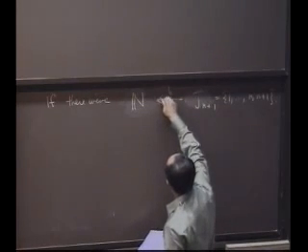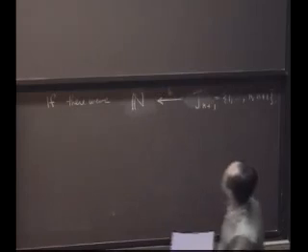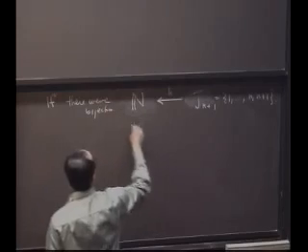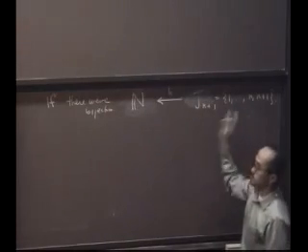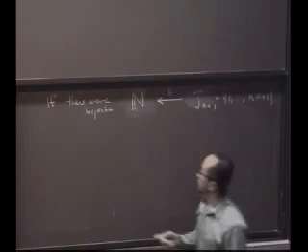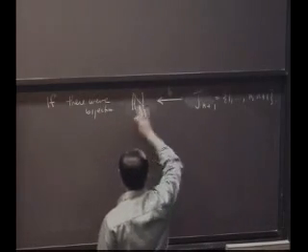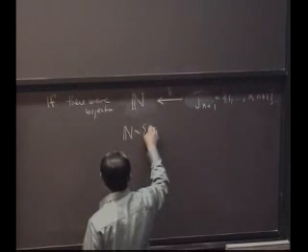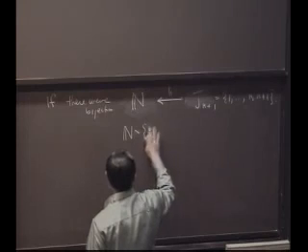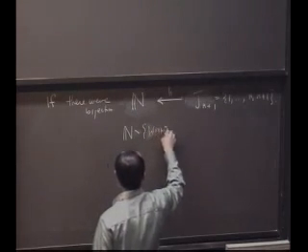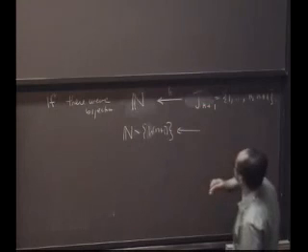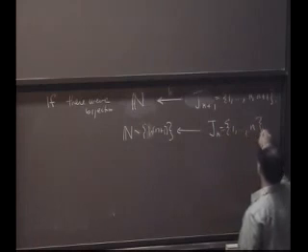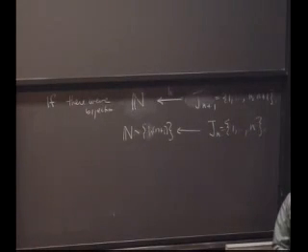Here, let me draw it this way because it's the direction that I want. Would you agree that if there were a bijection like this, by removing one thing on both sides, I still have a bijection? So if there were a bijection between all of n and this, then there is a bijection between n minus the set containing h of n plus 1 with what? J sub n. Agreed? Yeah?